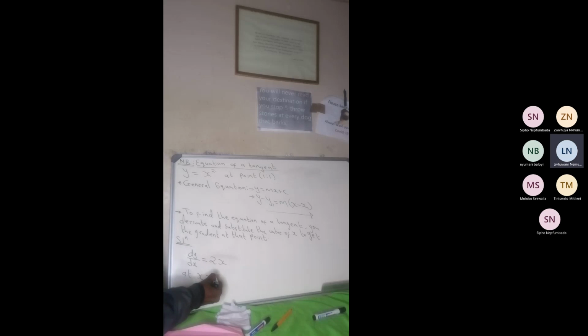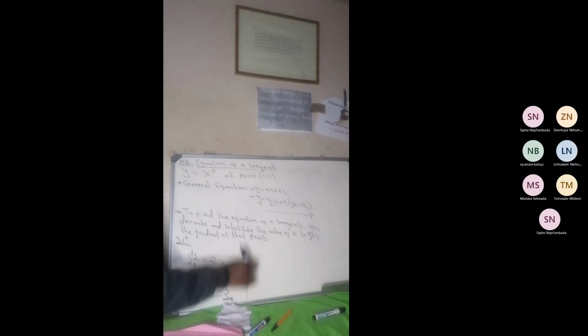Then at x equals 1, our derivative will be equal to 2, because where there's the x, we substitute with 1. Are we fine? Then this 2 is our gradient.